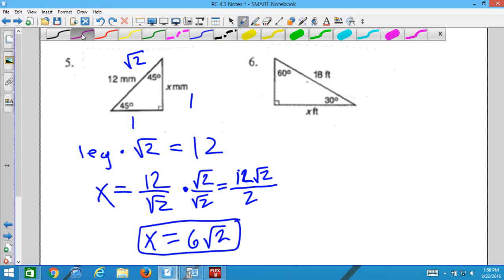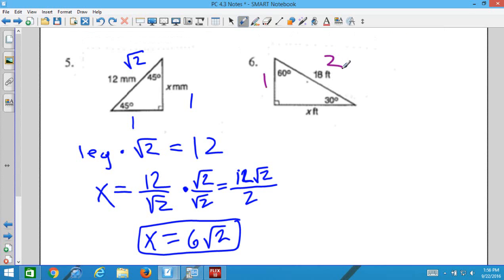And then the last question, we've got 1, 2, square root 3. We take the short side, multiply it by square root 3 to get the longer leg, the medium side.